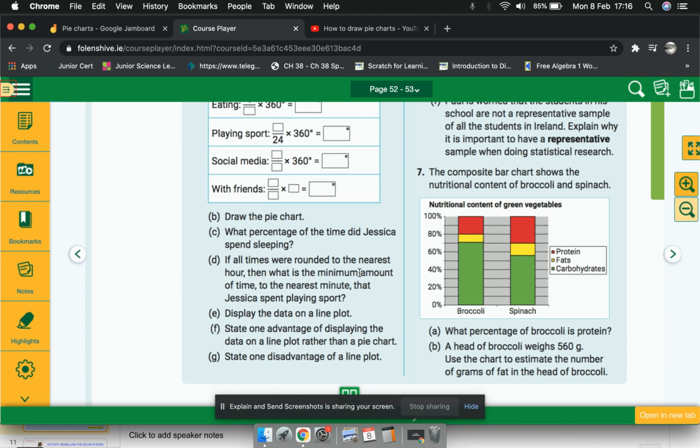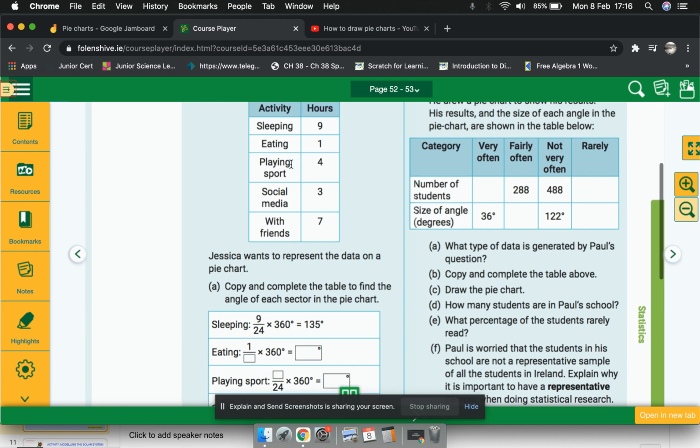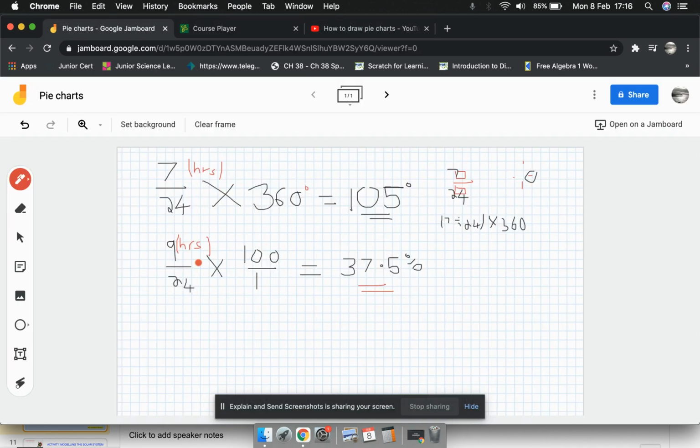And then it states here, then what is the minimum amount? The minimum now is the important word, minimum amount of time to the nearest minute that Jessica spent playing sport. So we're only focusing here on the sport one. Okay, so if I go back to this a second.